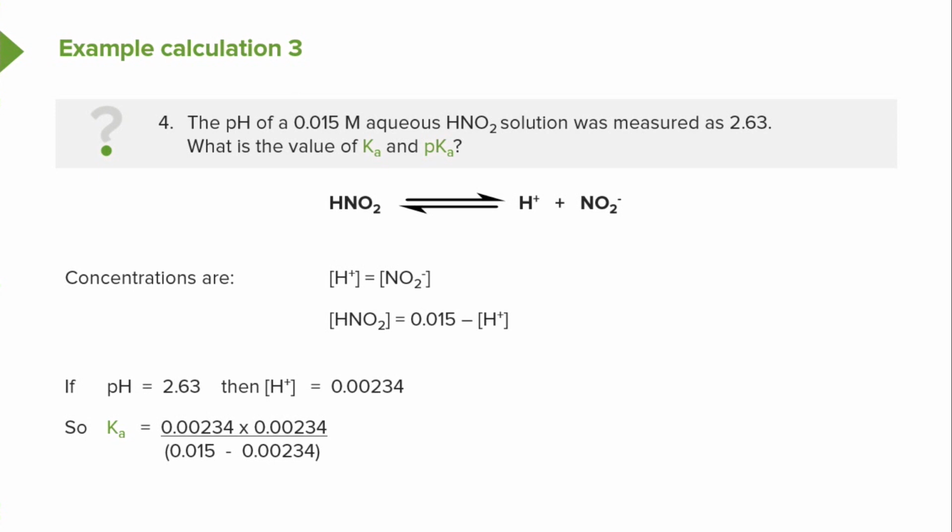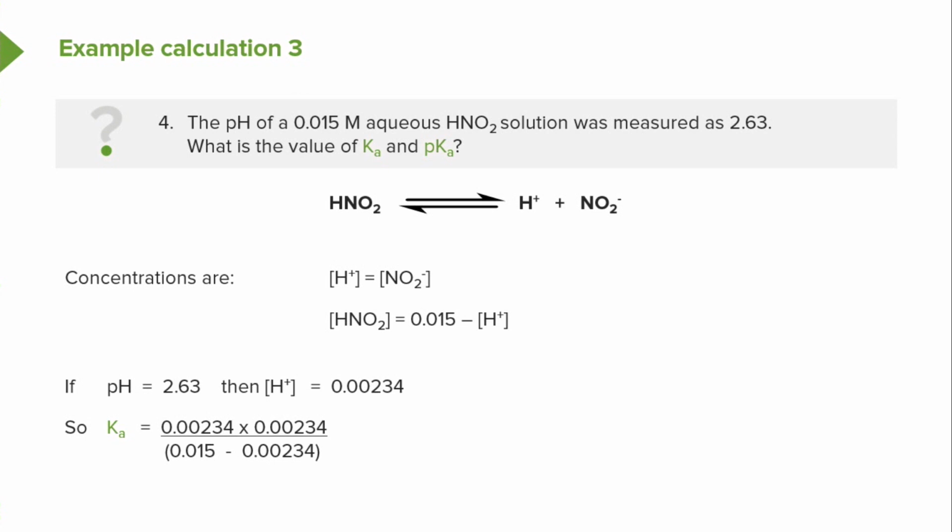Therefore, the product of this, NO2 minus and H plus, must be equal to 0.00234 multiplied by itself. The remaining amount of non-dissociated HNO2 is given by our starting concentration minus the amount which has been converted, which we know from the concentration of H plus.